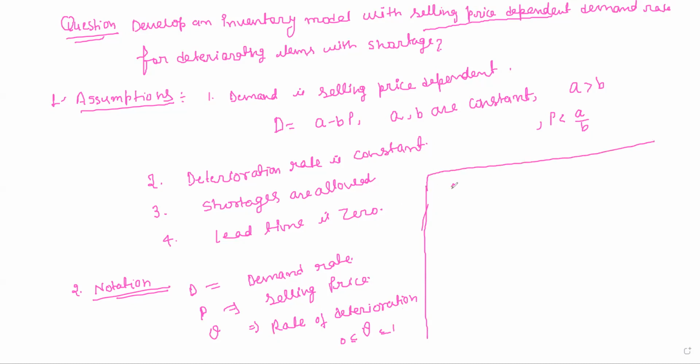Now for the cost component, C1 is the ordering cost. C2 is the holding cost per unit time.